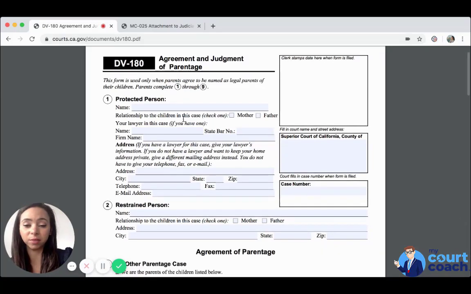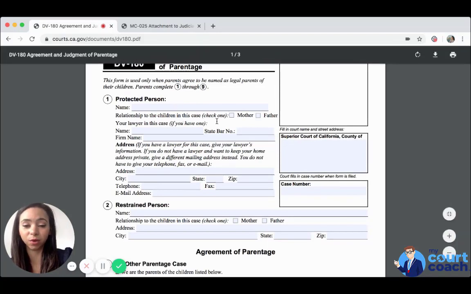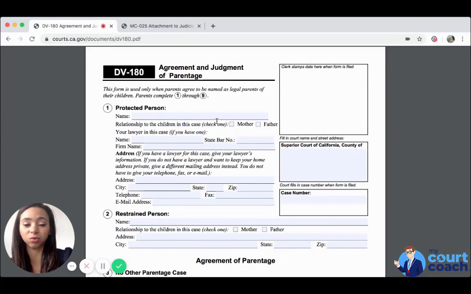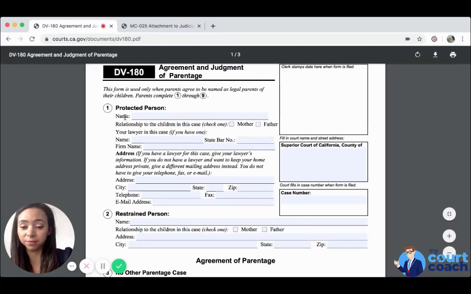But that's going to be rare in a case like this, where you are going through a domestic violence restraining order and the judge asks you whether you want the parentage to be entered, and it's only done by an agreement anyways.